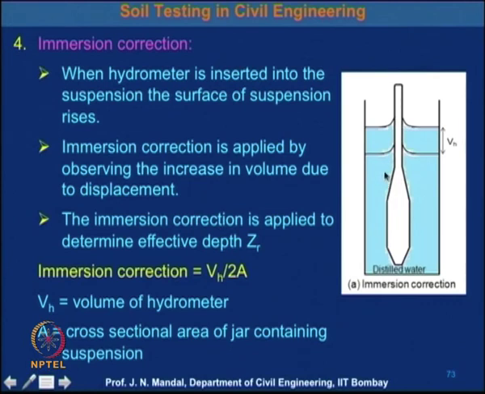Immersion correction is applied by observing the increase in volume due to the displacement. The immersion correction is applied to determine the effective depth, and that effective depth is denoted by ZR.